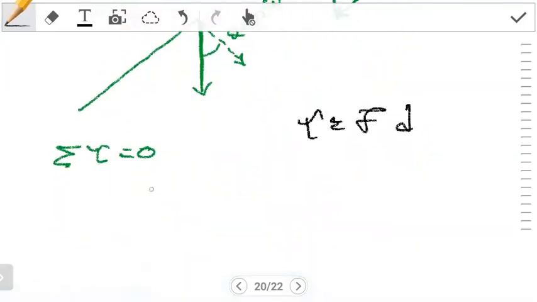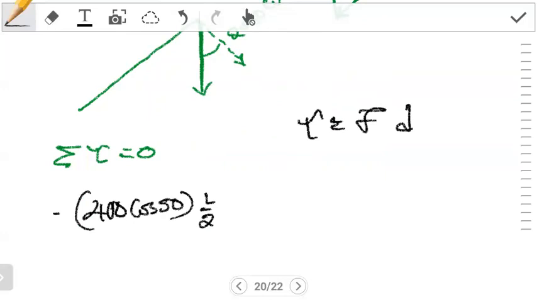For each object, for the weight, we have 400. Remember the component is cos 50. The length is L over 2. Remember, it's clockwise, so we say negative for clockwise. Minus, and then we have the other clockwise force at the far end, 2000 cos 50.